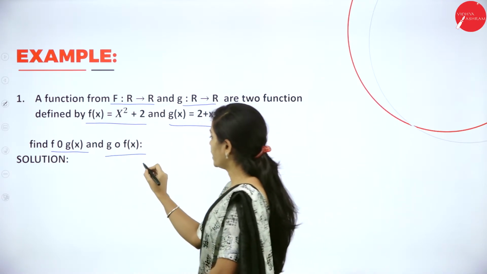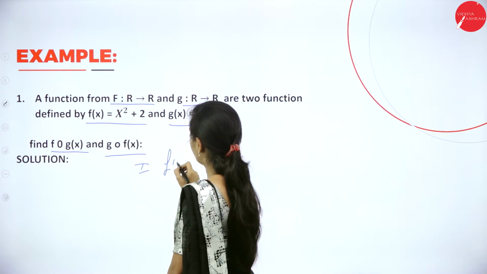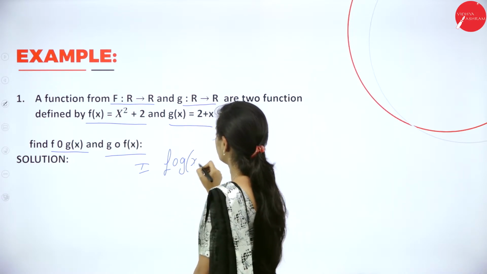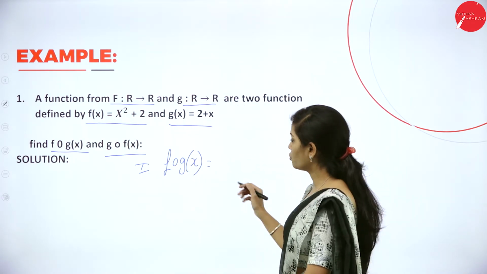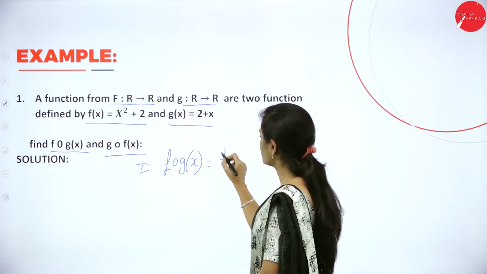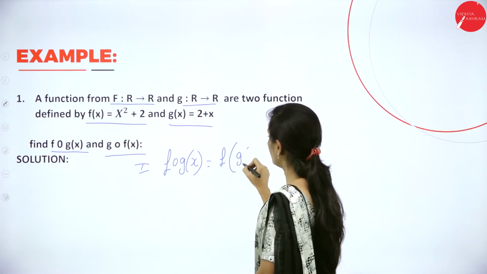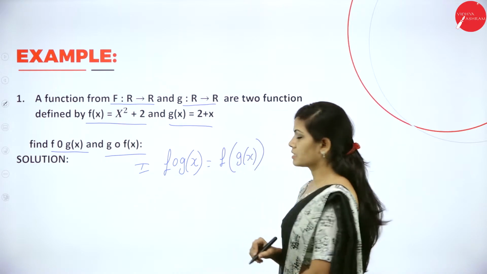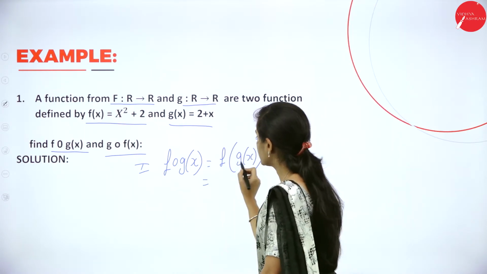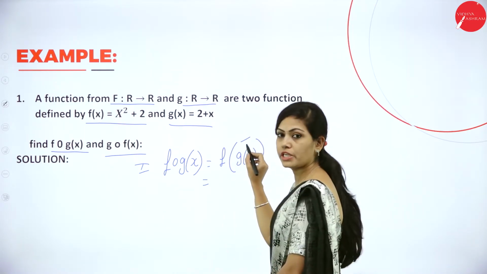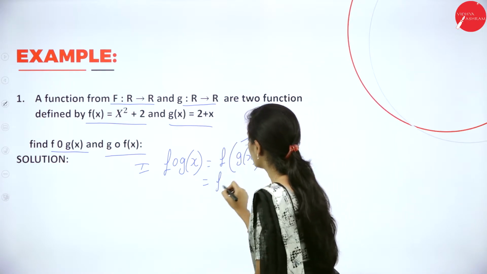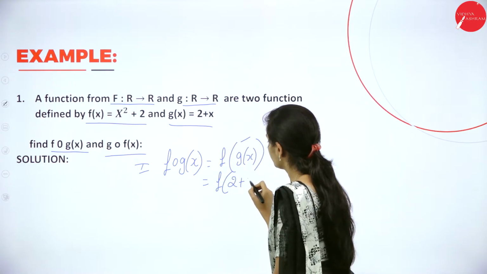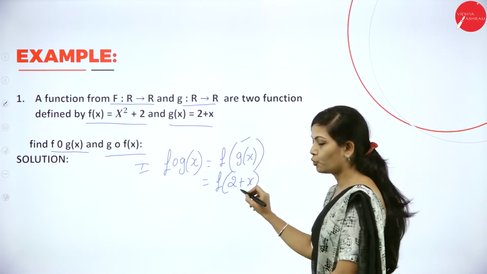So first I will find fog x. So what is the rule? f of g of x is equal to f of g of x. So here what is g of x? In place of g of x you can write this 2 plus x. So f of 2 plus x.